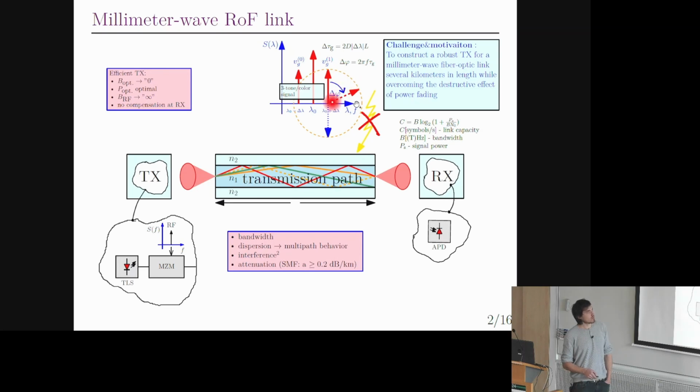So what might happen at the receiver side is that both sidebands are out of phase for certain lengths and or modulation frequencies carried by this transmission path.